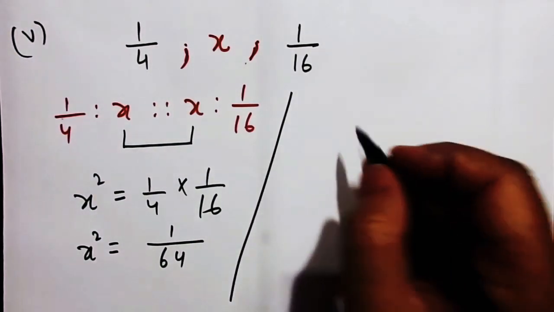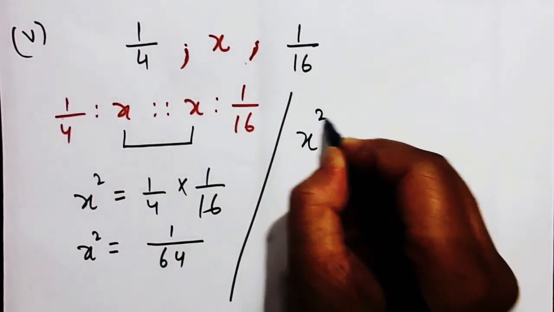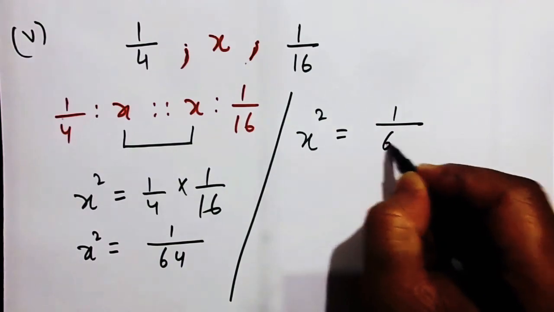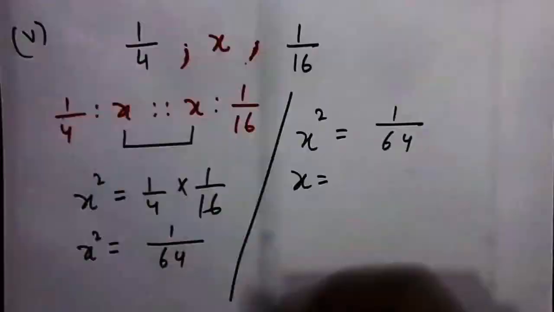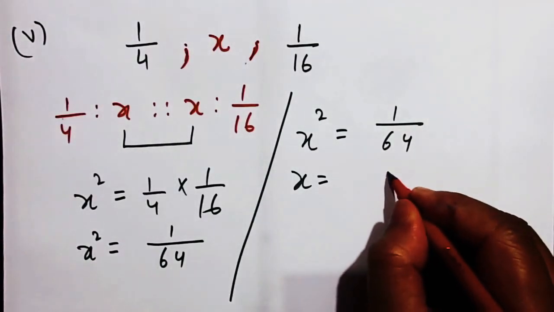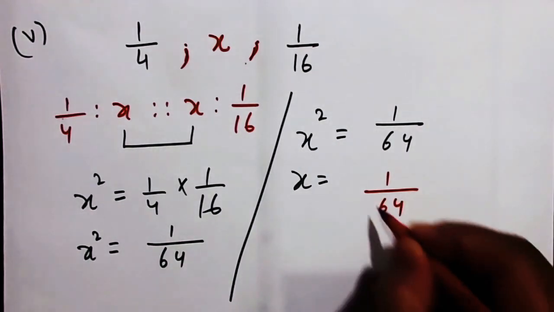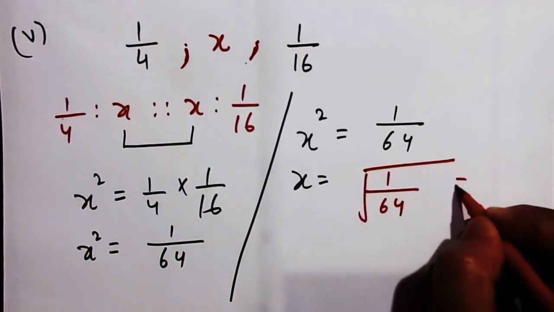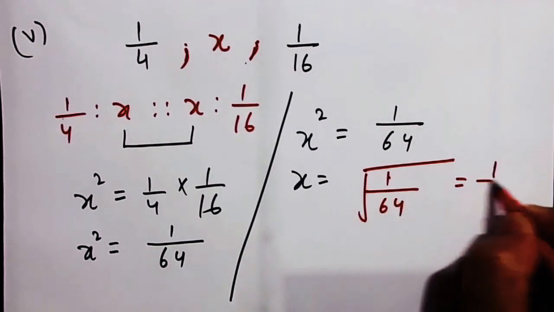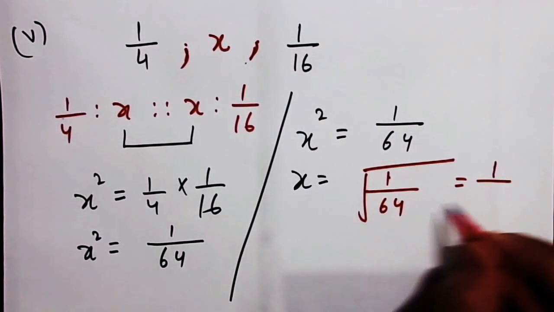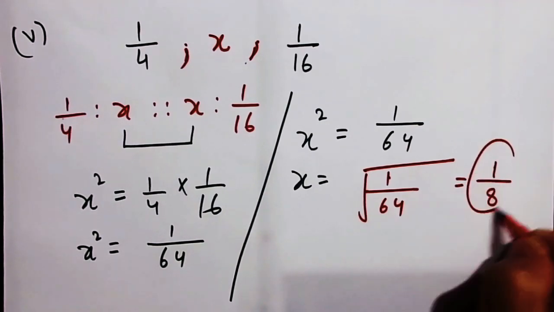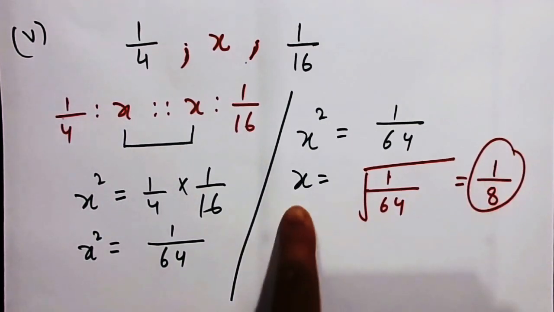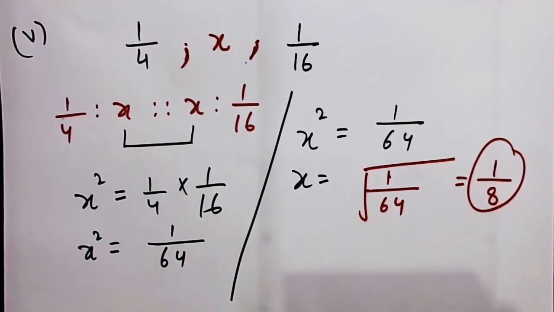I think this was quite easy. So x square is equal to 1 by 64. The value of x will be the square root of 1 by 64. Square root of 1 is 1 and square root of 64 is 8. Therefore we got the value of x as 1 by 8.